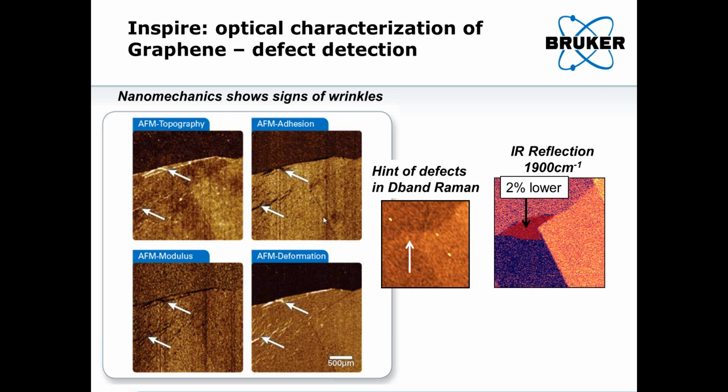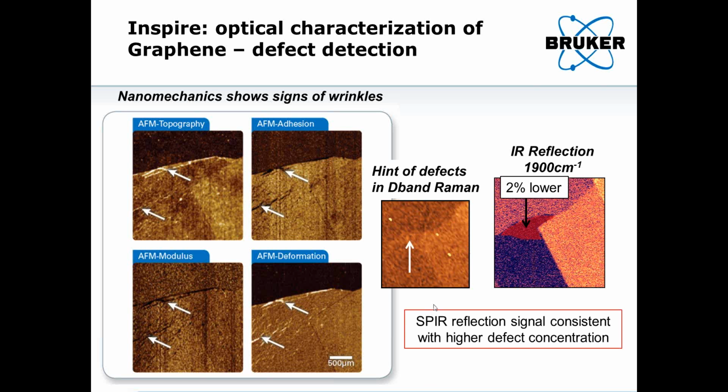And this red mask is approximately the left side of these nanomechanical images. The slightly more zoomed out D-band Raman image also shows a slight hint of signal in this region as well. So all of these measurements are consistent with each other, and it seems to suggest that the infrared reflection is useful for detecting regions that have higher defect concentrations.